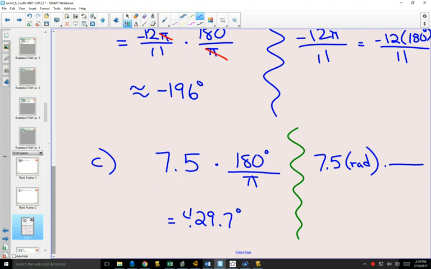So if I use the word radian as a unit, and when I write 180 degrees divided by pi, I write the 180 with my degree sign, the pi with radians. Can you see that your units cancel out? And you would be just left with degrees. So that's another way it can help you remember. If you're changing from radians, you need that pi on the bottom because that's radians.